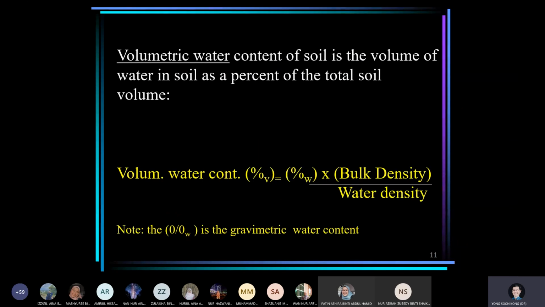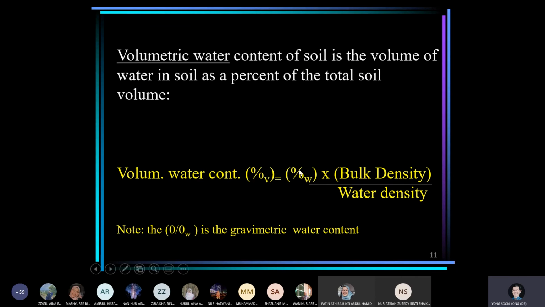Okay, now once you have determined the water content, dry weight basis or wet weight basis, you can actually use that. And if you know the bulk density, you can convert the water content from weight basis into volume basis simply by using this formula.